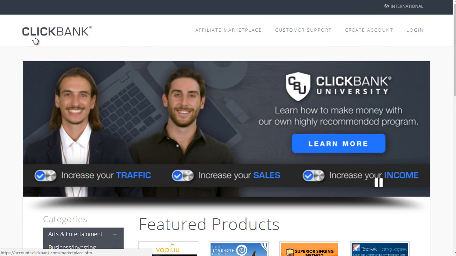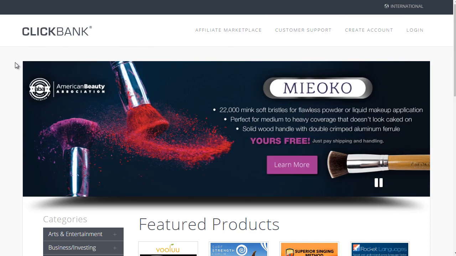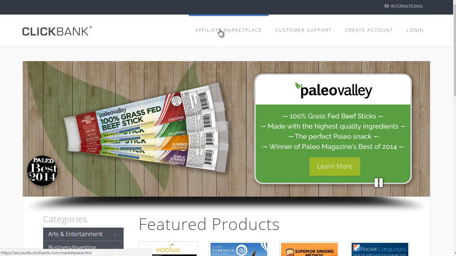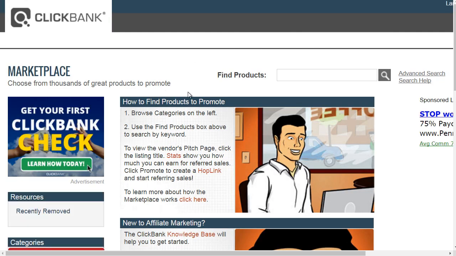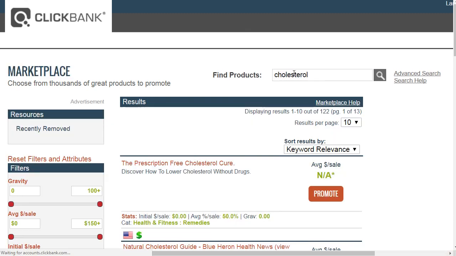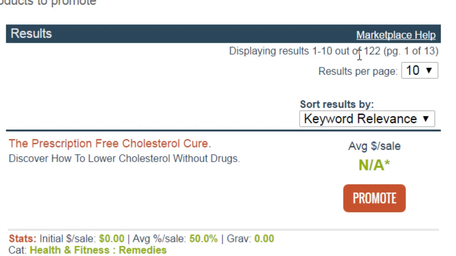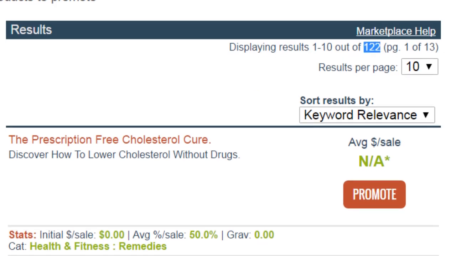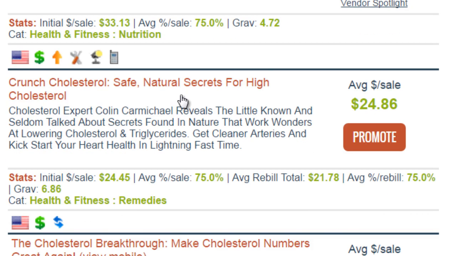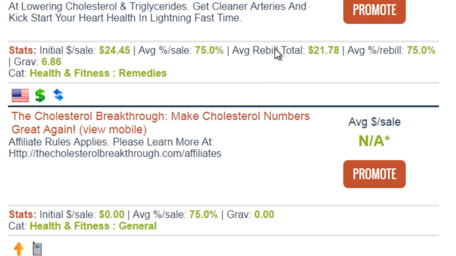Now, aside from private label rights, for finding affiliate products, or products that have vendors who have created a product that you can promote to get an affiliate commission, you go to clickbank.com and you click on their affiliate marketplace and you type in a keyword here. So let's say cholesterol and see what we get. So out of this, we can see there's 122 products, which is a good thing. That means that we have enough products that we could potentially sell. And as you can see here, the initial sale is $24.45, and that means that you're going to get that amount of money.